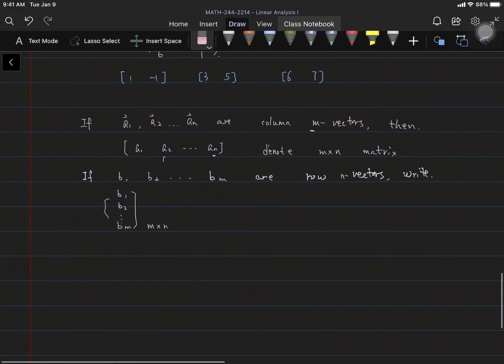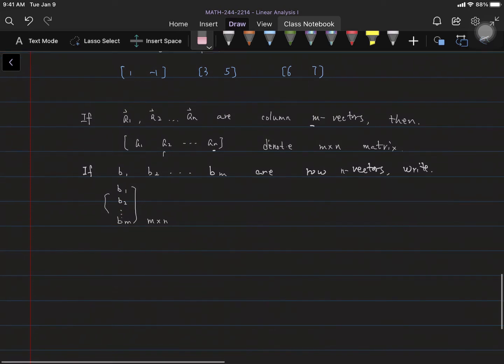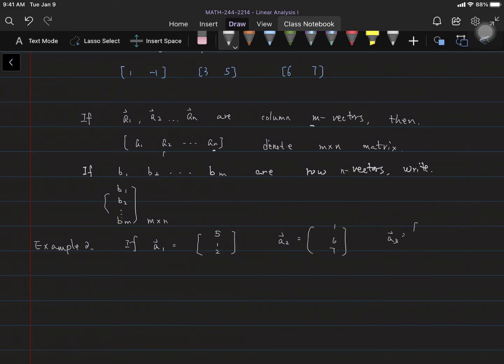So let's take a look at this one. We can say this is Example 2. If A1 equals 5, 1, 2, A2 equals 1, 6, 7, A3 equals -1, 2, 4.